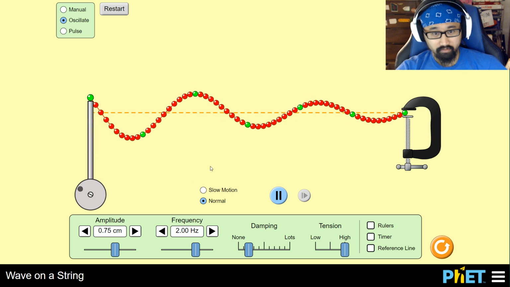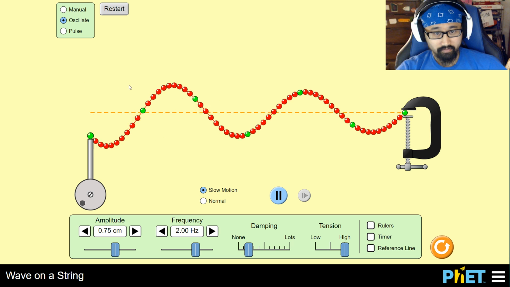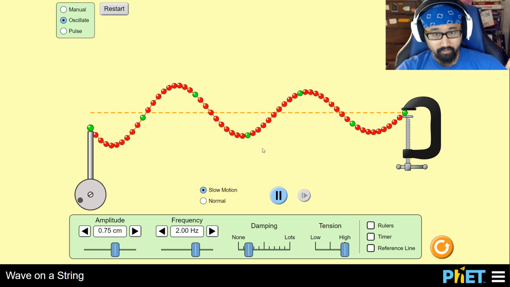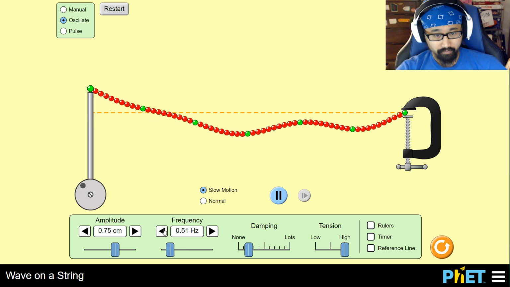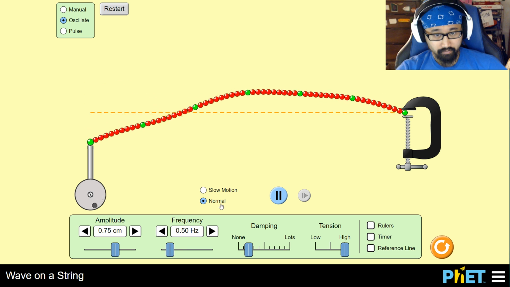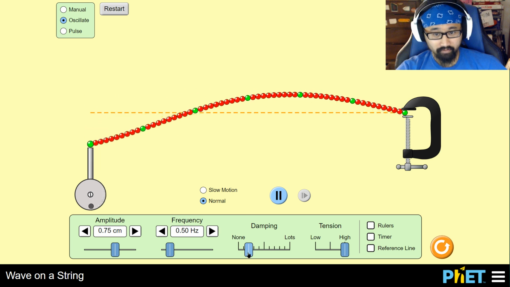Oh, actually I could just do this. So up, down, that'd be two waves. And I also tried to make them do, ooh, yep, real slow. So there would be half a wave. Let's get rid of a little bit of that dampening. So that'd be half a wave, right?